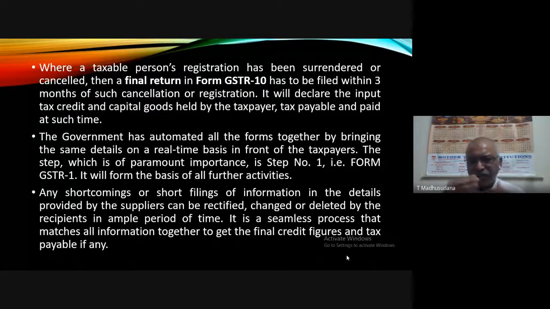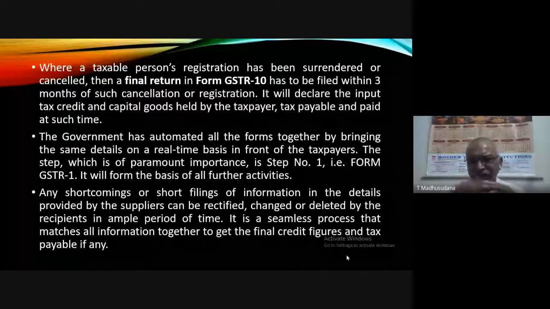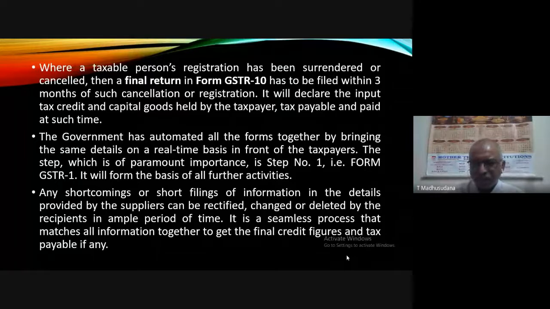While submitting the returns, if any modifications or corrections are required, they can be done online. Once again, they can open their forms, make changes in the various return forms and submit the real data. It is a seamless process that matches all information together to get the final credit figures and tax payable, if any.